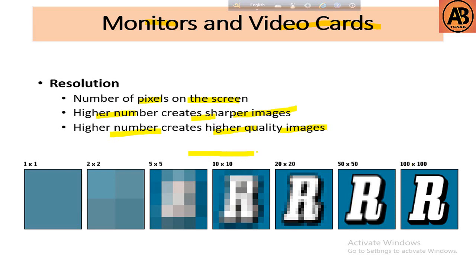So we can see the image quality is dependent on the number of pixels. A high resolution image is very clear, and a low resolution image is very poor in quality.